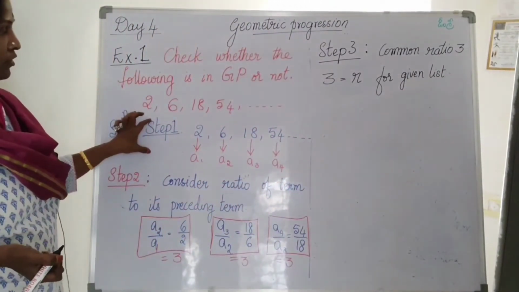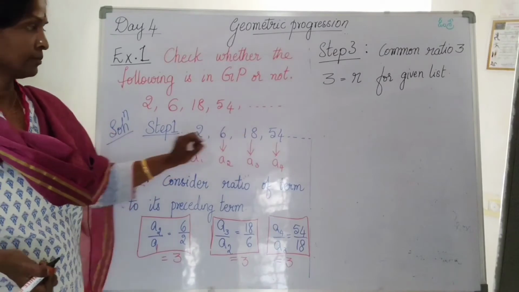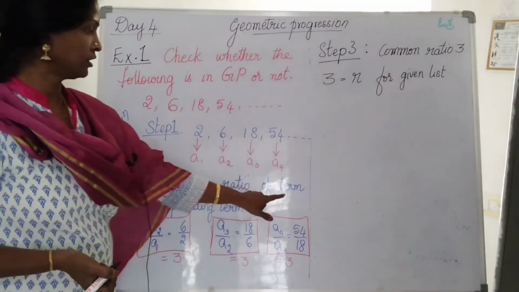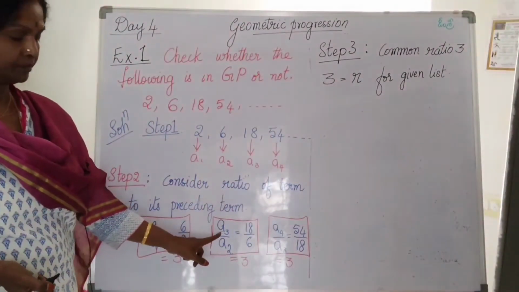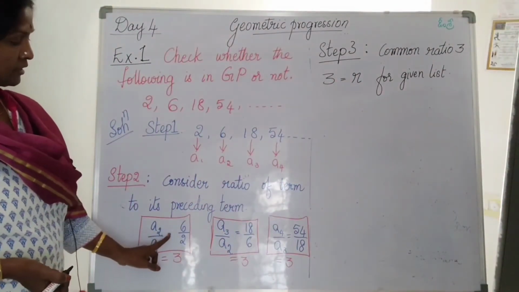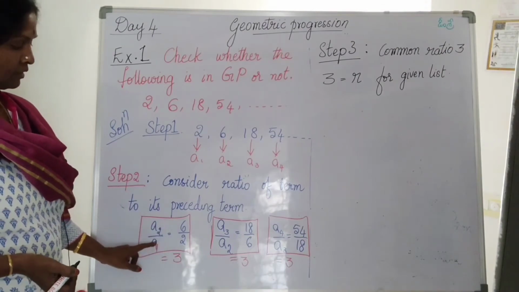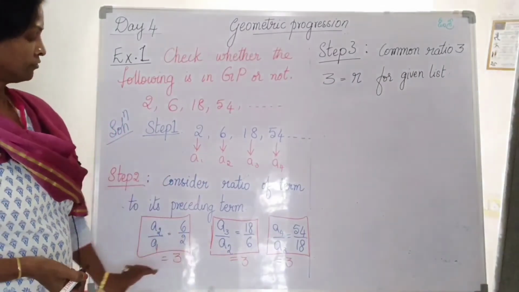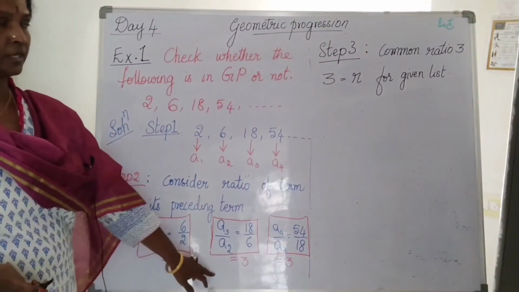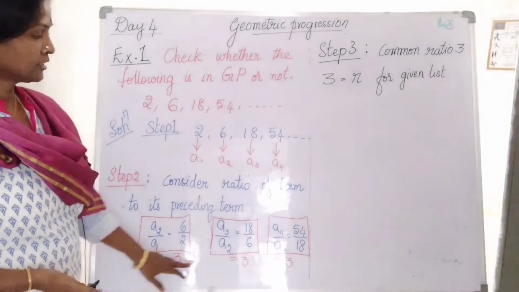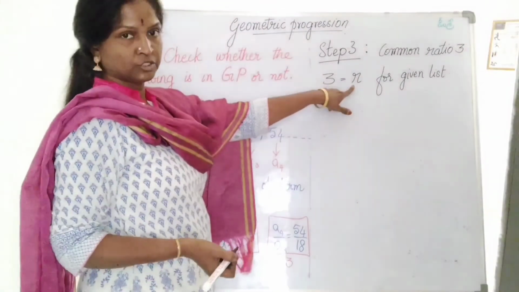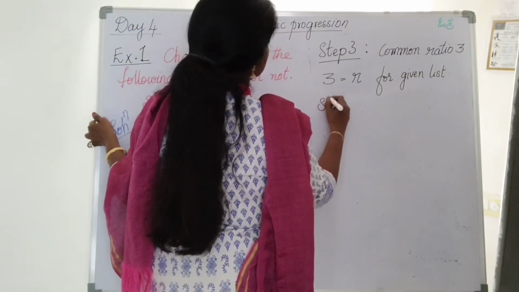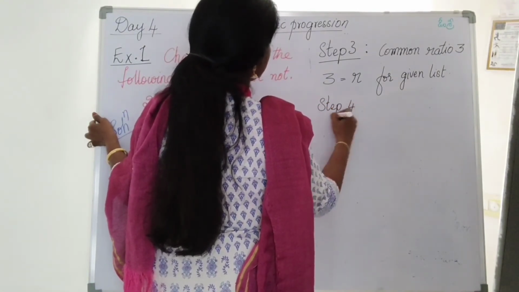So in step 1 we identified the terms of the list, and then in step 2 we considered the ratio of each term to its preceding term, and we calculated the ratio of those two numbers, and saw that all are equal. After we found that all the ratios are equal, we considered this ratio as the common ratio.